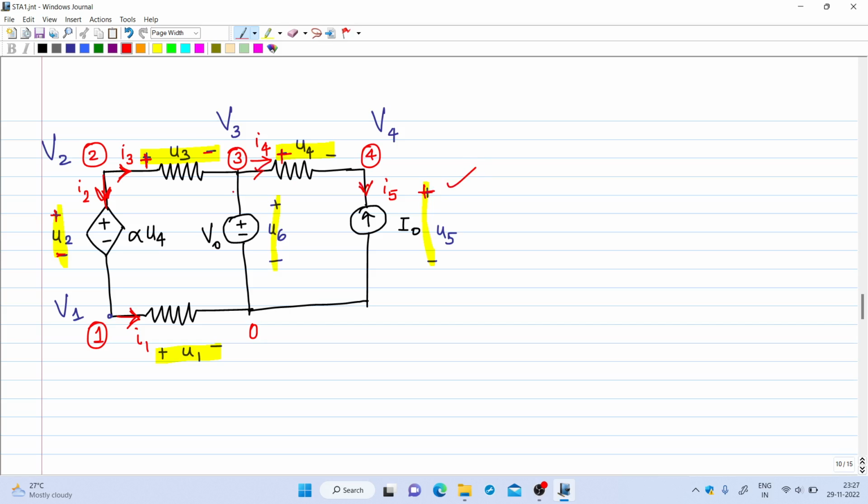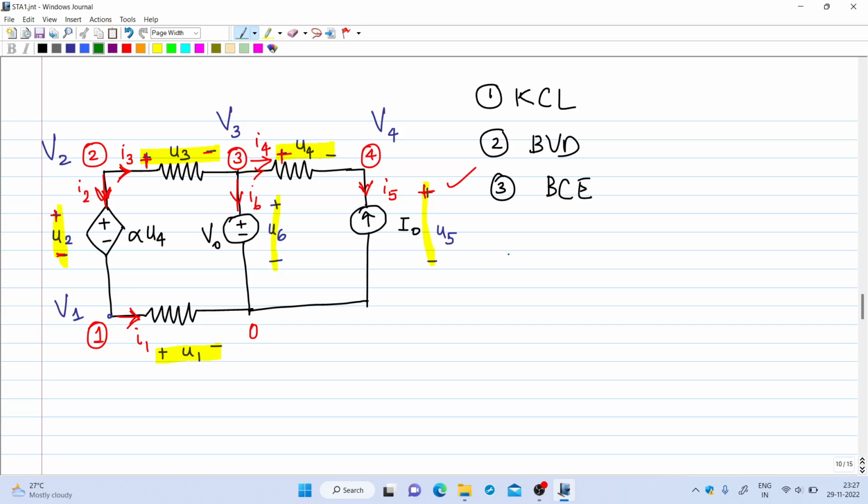Then this is I6. So we have marked all the branch currents, branch voltages and node voltages. From this you can write the KCL equations, then branch voltage definitions, then third one, branch constitutive equations. So let us write it one by one.